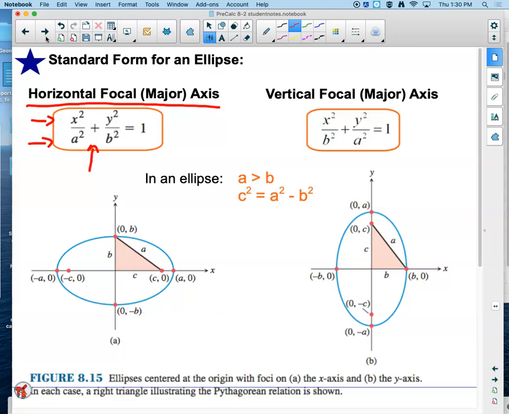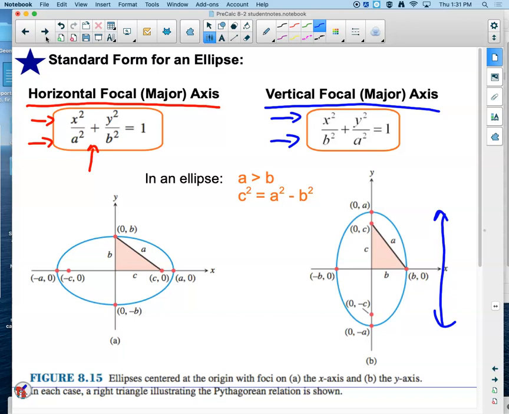Now, I also want to compare and contrast that to what's going on over here with a vertical focal or major axis. So notice this one is longer up and down than it is wide. And I look at the formula and I realize, oh, they switched around the positions for a and b. So with this one, it's x squared over b squared plus y squared over a squared equals 1.